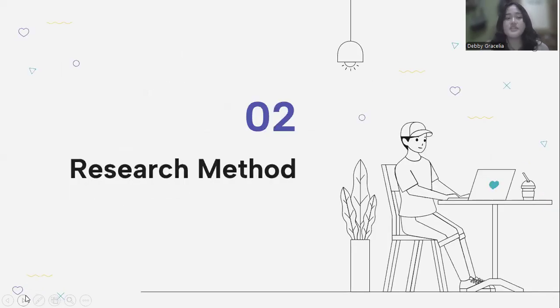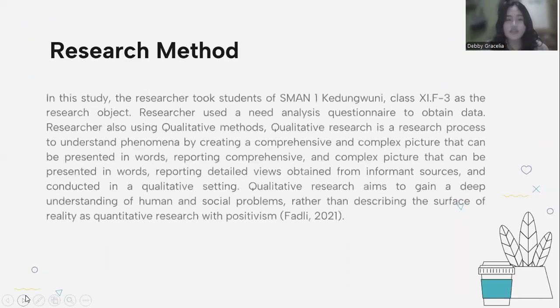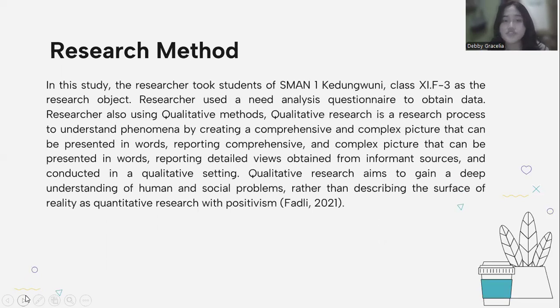And this is our research method. In this study, the researcher took students of SMAN 1 Kedunguni, especially class 11F3, as the research object. And for this research, the researcher used Google Form to give a need analysis to the 33 students in 11F3 to obtain data.